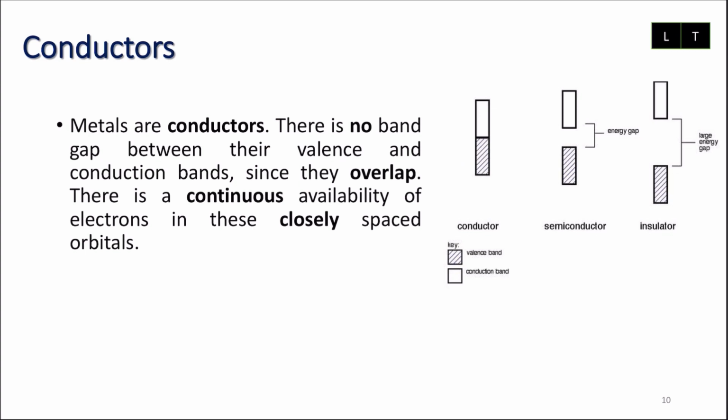Tetapi kalaulah awak ada elemen which is insulator, maknanya energy gap between conduction band and valence band akan makin besar. So dia ada large energy gap. So itulah cara untuk kita faham how the elements you got, whether they are conductors or not.